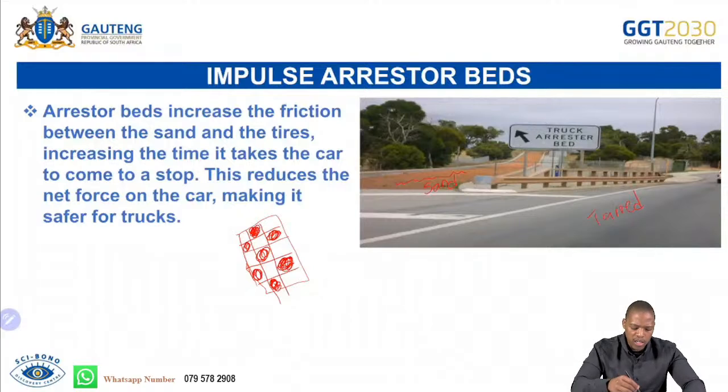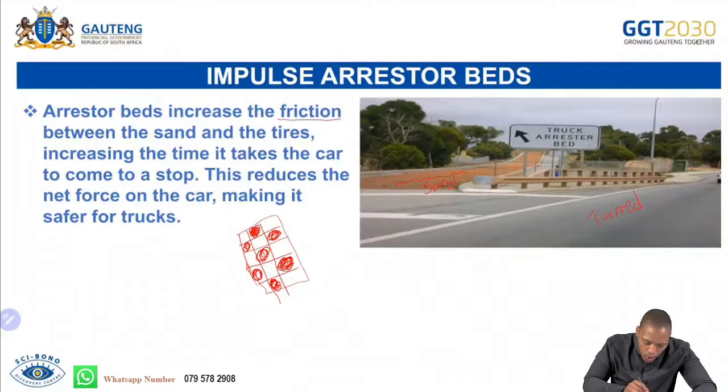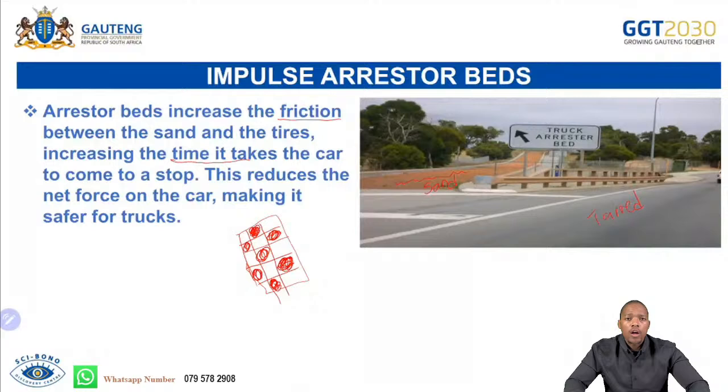So an arrestor bed increases the friction. As there's more time between the tires and the sand, the frictional force experienced by the car is going to increase. And as it increases the friction, it will also be increasing the time it takes for your car to come to a stop.